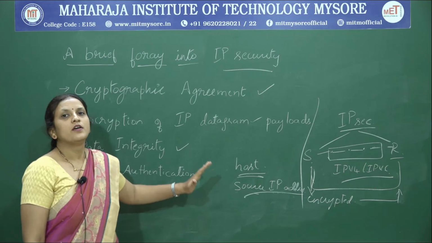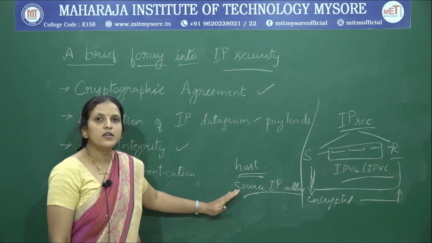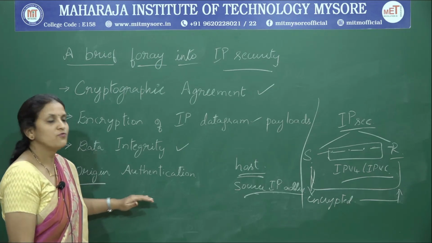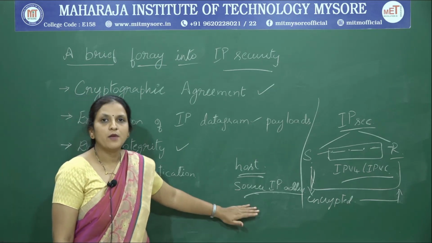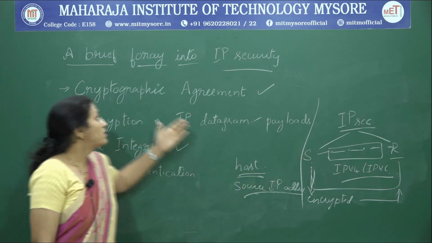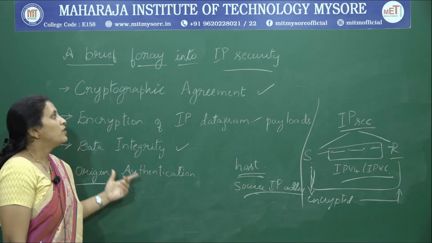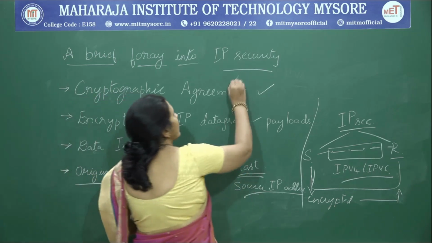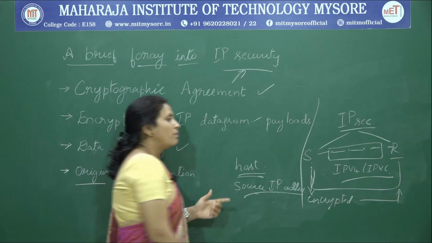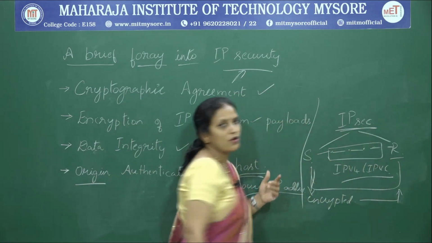So it authenticates the origin from which the datagram originated. These are the four functionalities with respect to the security aspect that are provided by the IPsec protocol.